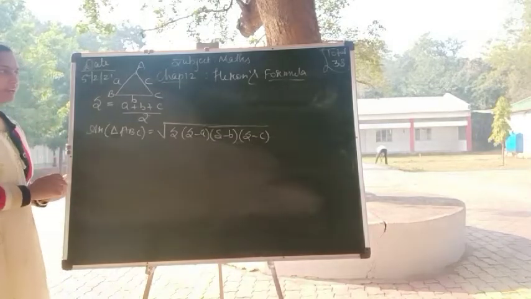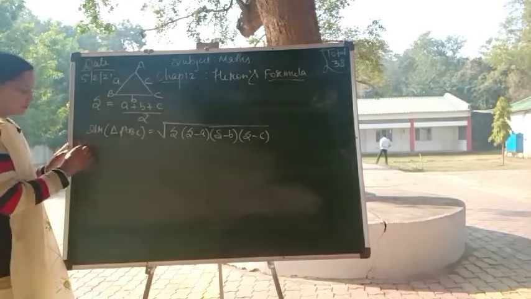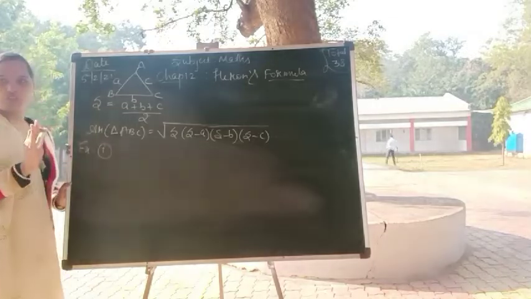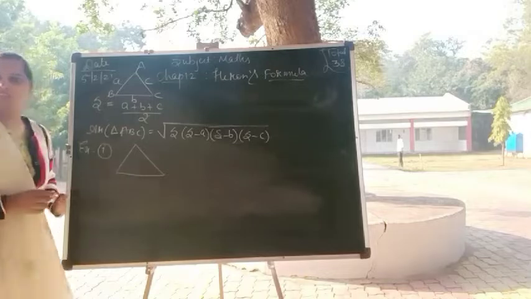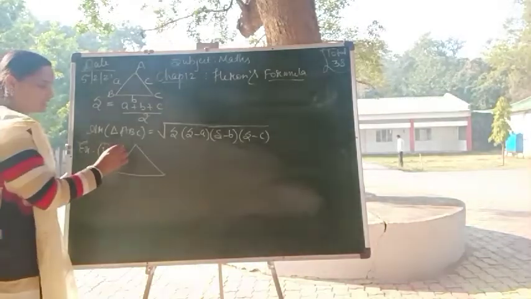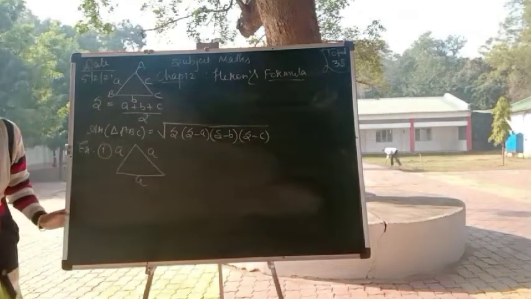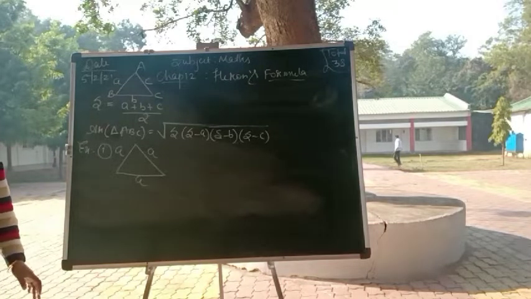Yes, ma'am. Okay, let us have an application of this formula. I'll give you one question. Question number 1. You solve, okay? Here is a triangle. This is an equilateral triangle. Each side of this triangle is a units, a centimeter.